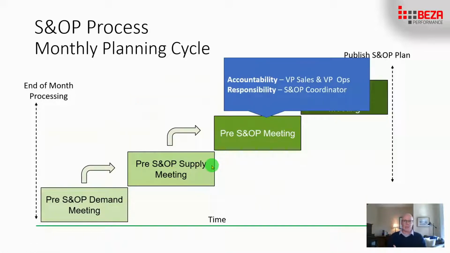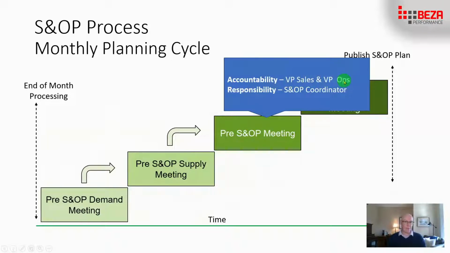Now the pre-S&OP meeting, because here's where I'm actually going through and constraining the plan and developing the presentation. The responsibility piece is pretty important in that the S&OP coordinator takes a much more outsized role to make sure it all comes together. But the accountability for that plan has to sit with the team.